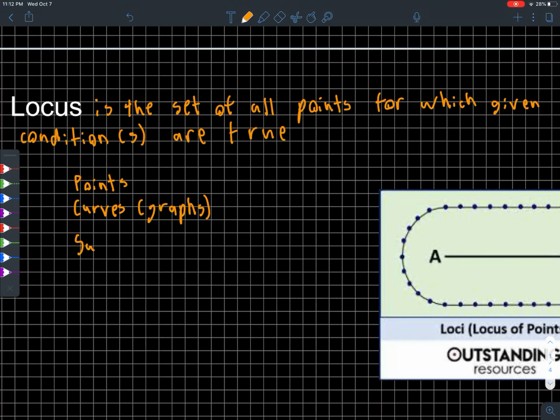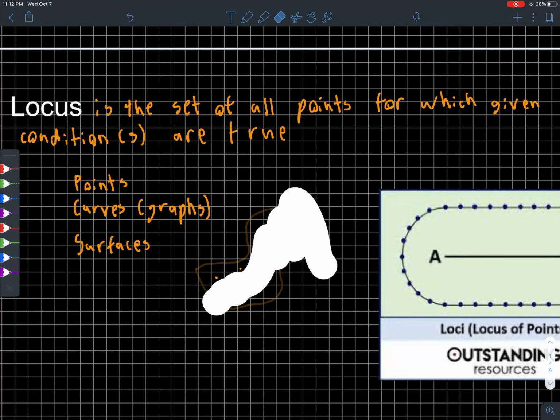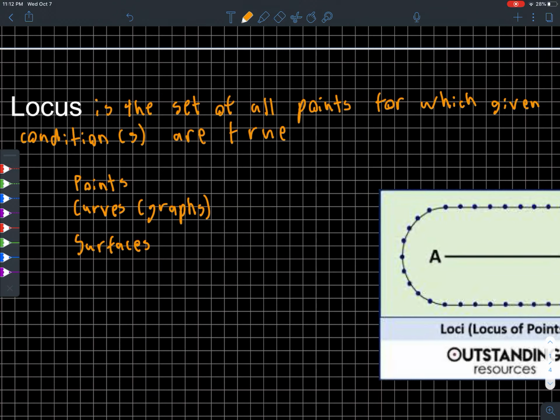There are surfaces, and you guys know what a surface is. It's like a sheet of paper, and all points on that sheet of paper, for whatever reason, meet the conditions. And we'll talk more about surfaces later, and which surfaces meet conditions. And then there are solids.